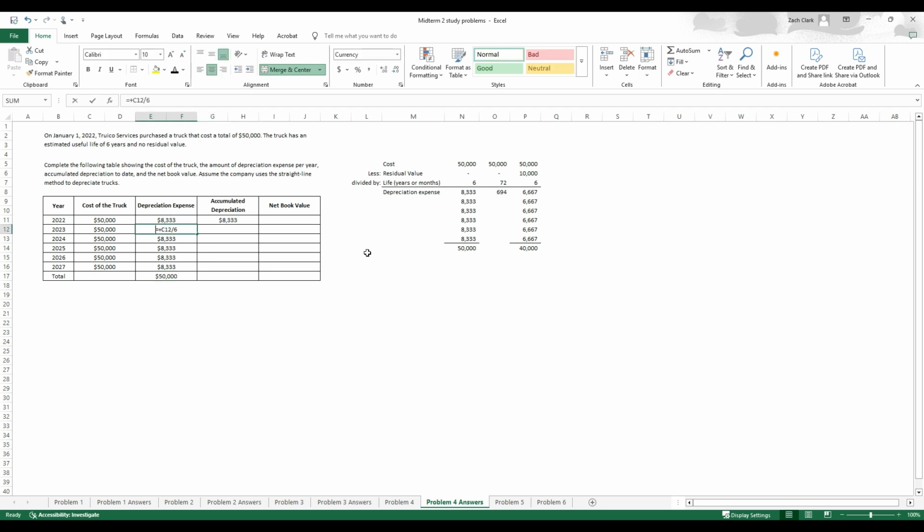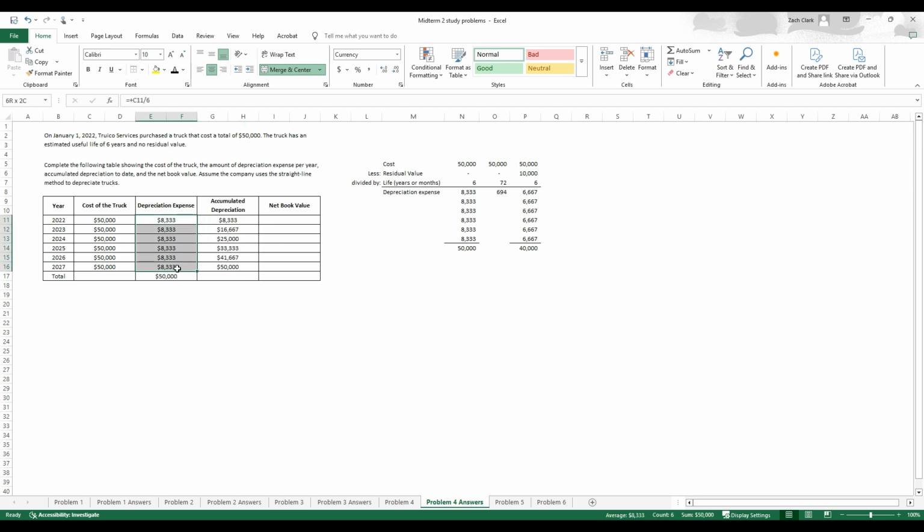And then the way that the accumulated depreciation works is that every year we add in the current year's amount of depreciation. And so this just grows over time until it gets to the total of $50,000. And we don't add those up either, because this is just a balance at a point in time. It doesn't keep getting added to once this is fully depreciated. You wouldn't sum these together for any reason.